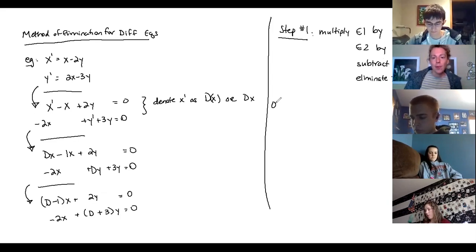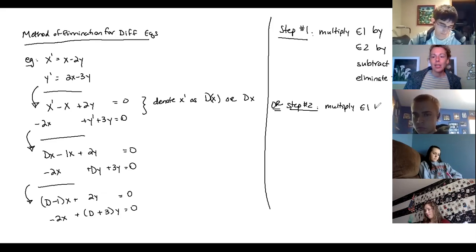Or, if we wanted to, we could do step number 2, which is going to be multiply equation 1 by D plus 3. Sorry, you guys are over my example. D plus 3. Multiply equation 2 by 2, subtract, and eliminate y.